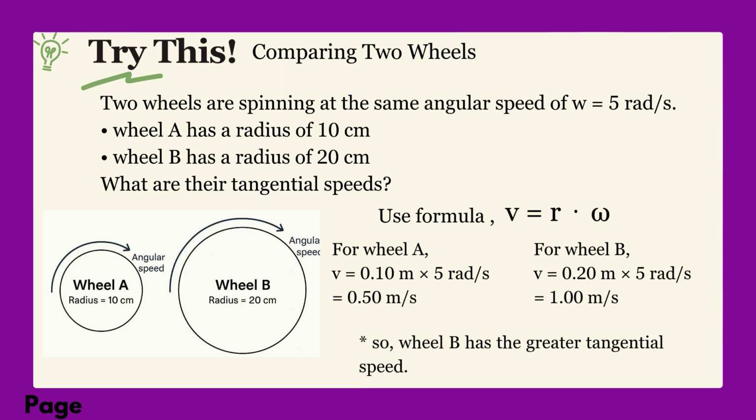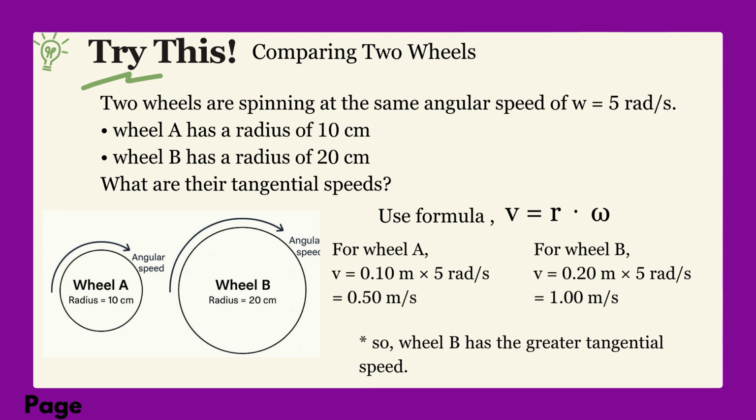For wheel A, the radius is 0.10 meters, so V equals 0.10 times 5, which equals 0.50 meters per second. For wheel B, the radius is 0.20 meters, so V equals 0.20 times 5, which equals 1.00 meters per second.